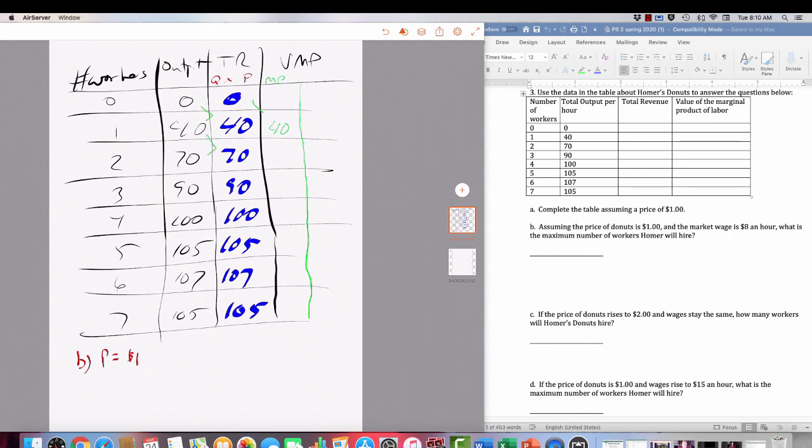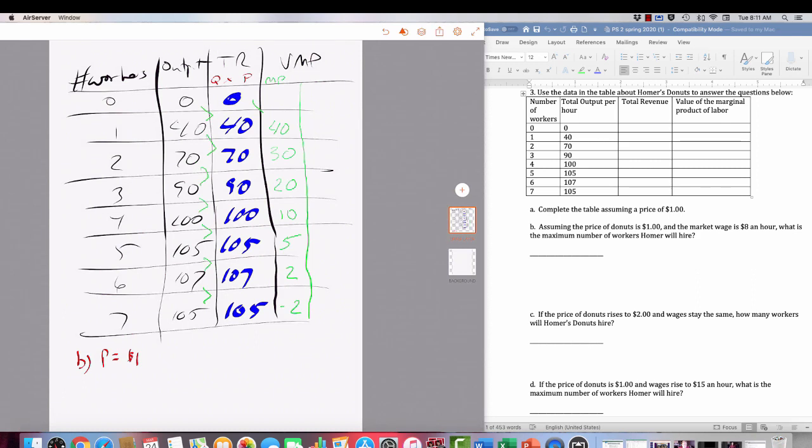Then we go from an output of 40 to an output of 70. So the marginal product is 30. That's the change in total output. Then we go from 70 to 90. The marginal product is 20. 90 to 100. The marginal product is 10. Then 5. Then 2. And then -2.